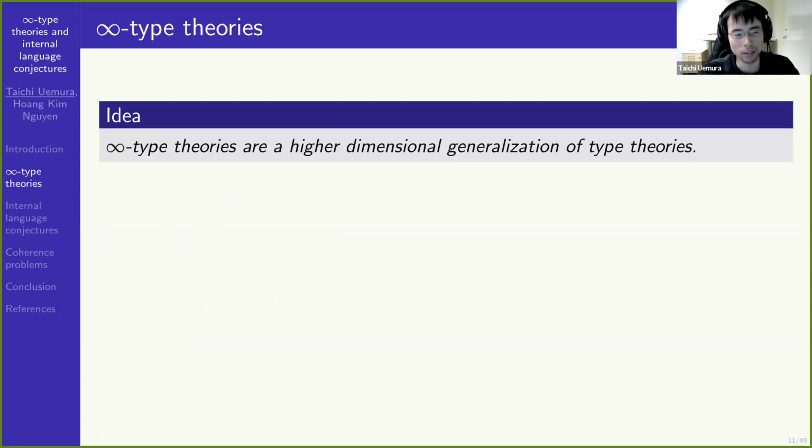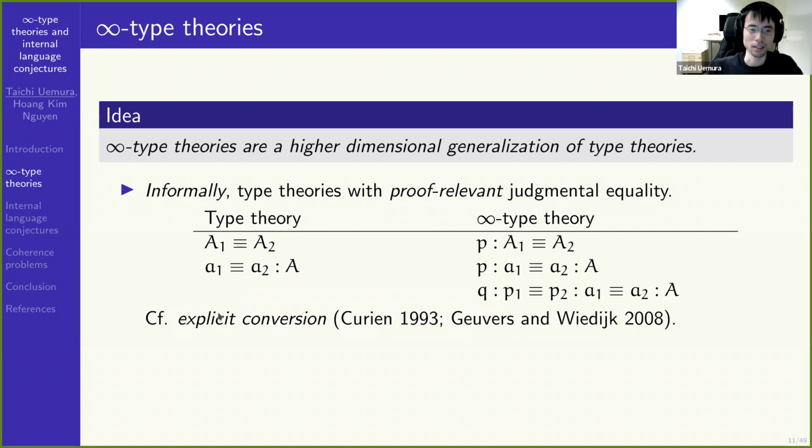Okay, so what is an infinity type theory? Very informally, it is a higher dimensional generalization of type theories. What does it mean? Informally, it looks like a type theory with a proof-relevant version of judgmental equality. If we make judgmental equality proof-relevant, then equality between equalities and so on makes sense.